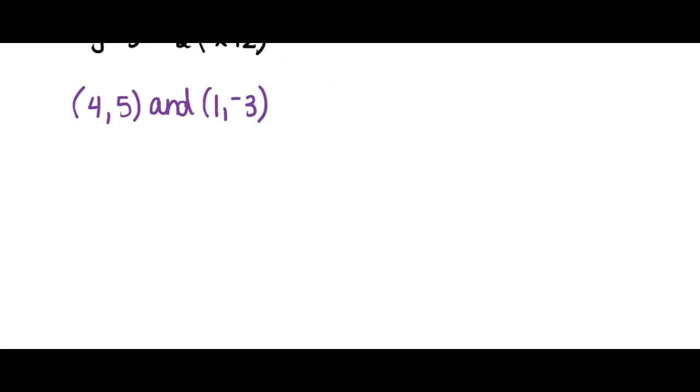So that's going to be that y2. So let's see, -3 minus 5 over 1 minus 4, which becomes -8 over -3, which is really just that +8 over 3. And just remember, there are 2 different ways to write it.